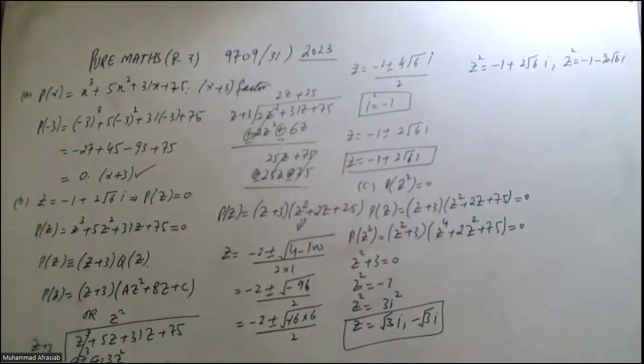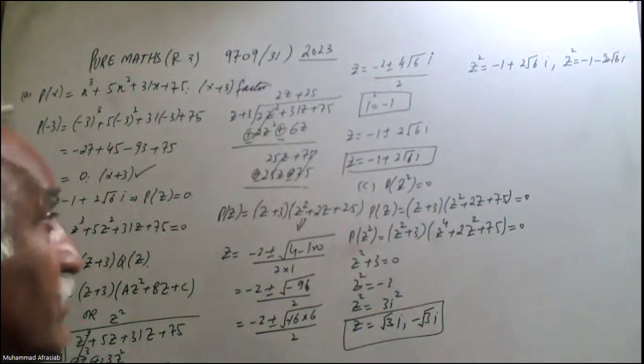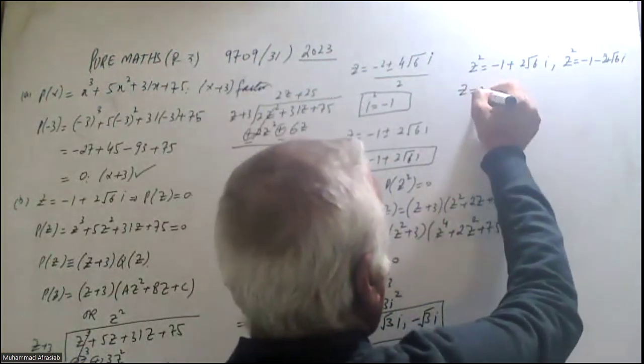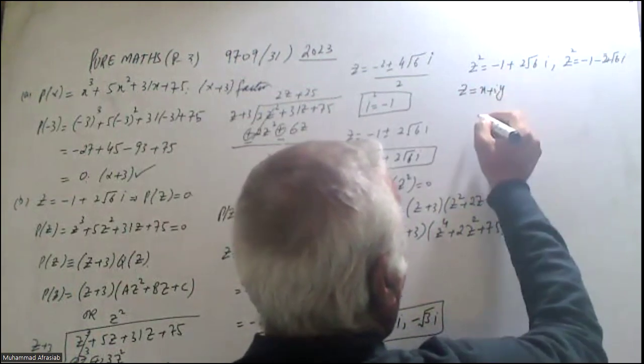But we are going to find out the value of z there. We know that z is equal to x plus iota y.